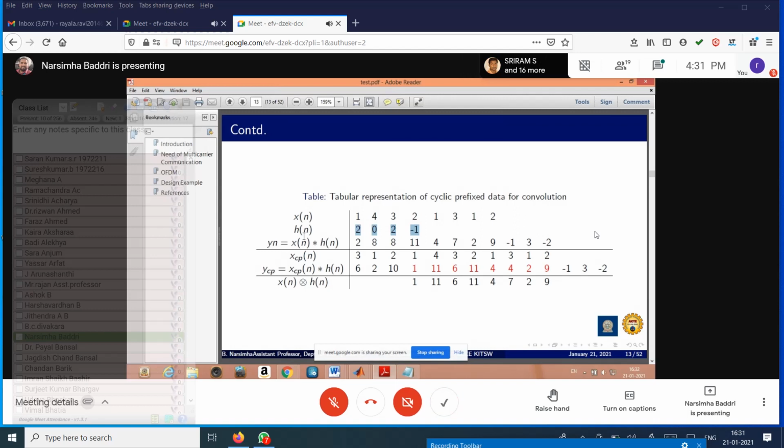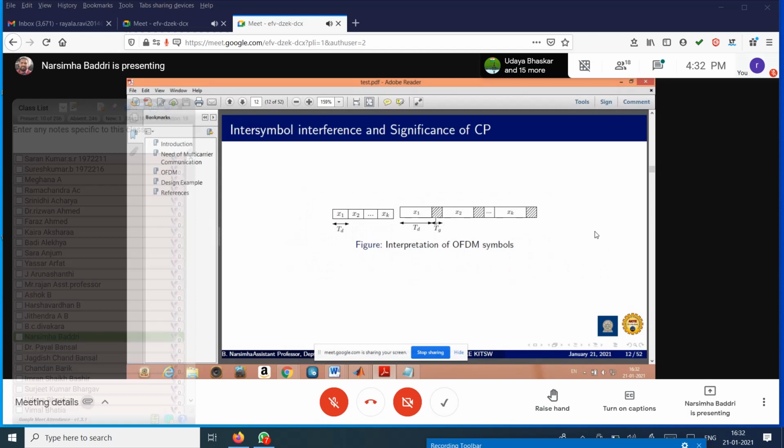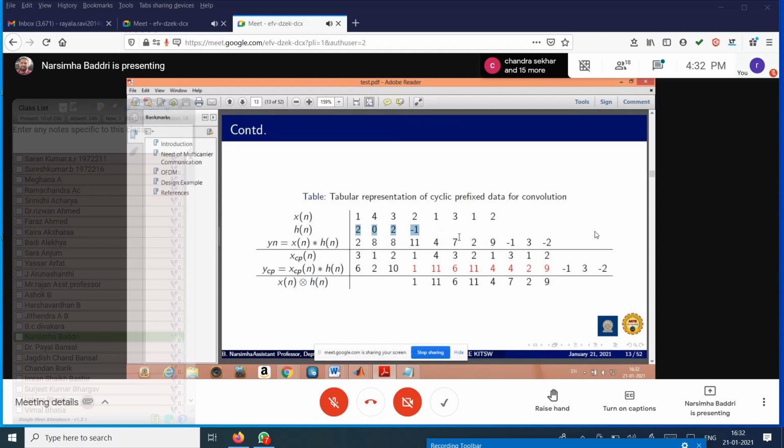So this interpretation also shows that there is no inter-symbol interference. Your channel will act as a flat fading channel instead of a frequency selective fading channel, if you insert a cyclic prefix instead of a guard band.